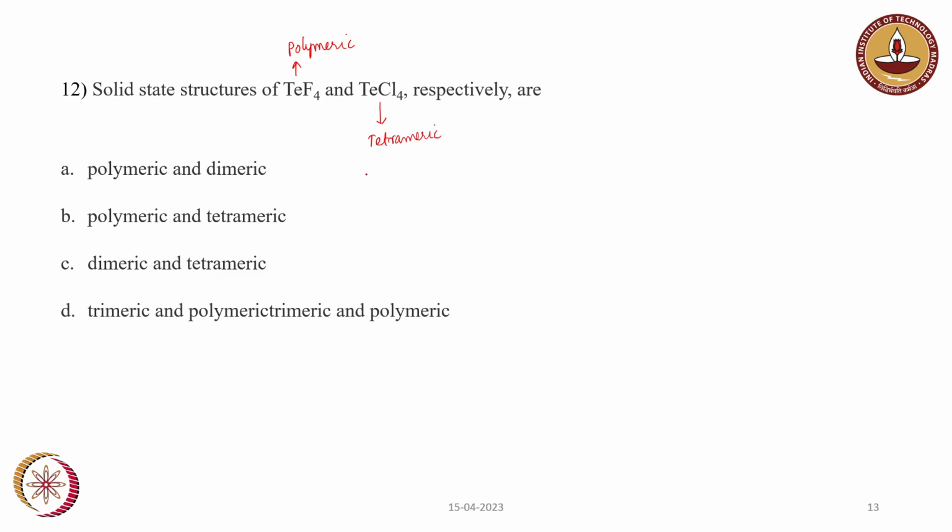So other examples for tetrameric are SeCl4, SeBr4, TeBr4 and TaCl4.